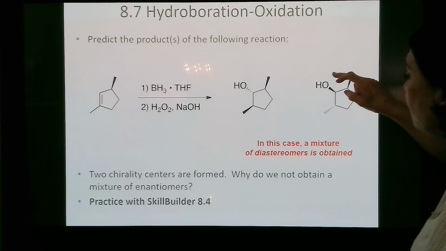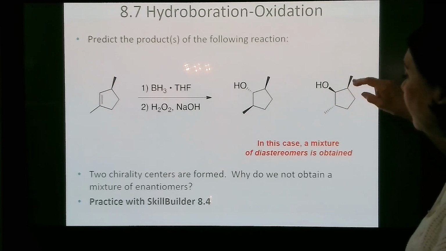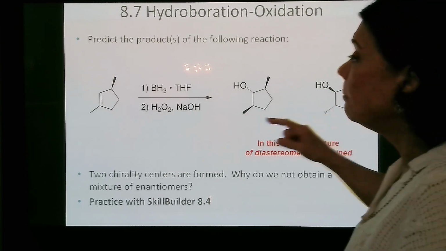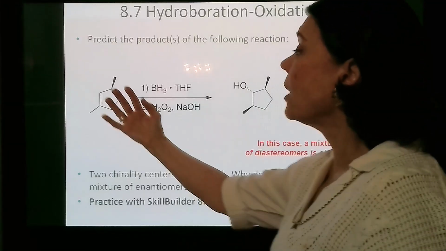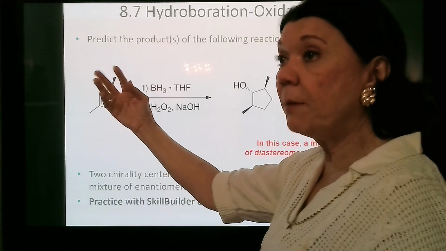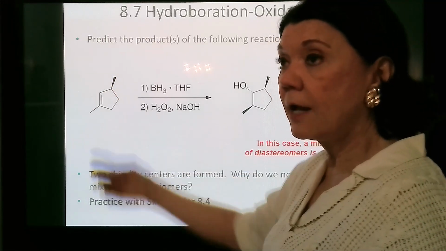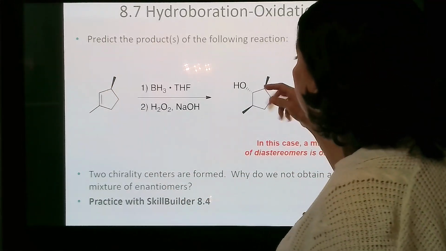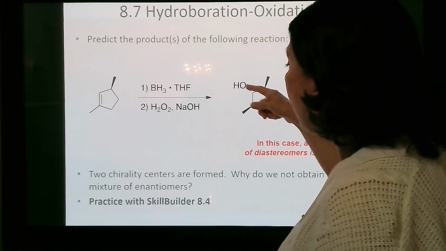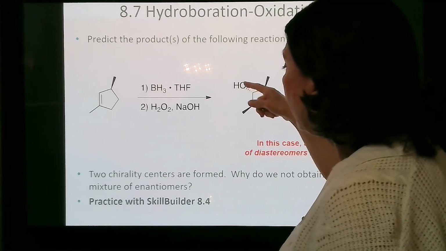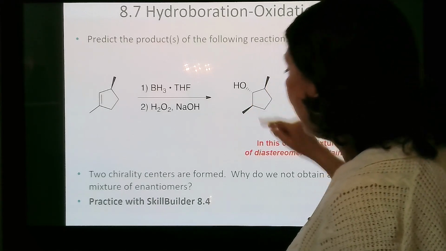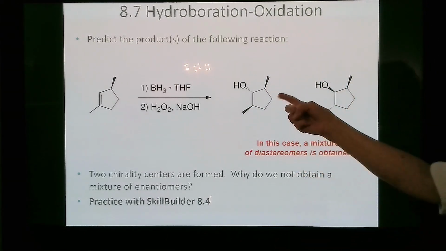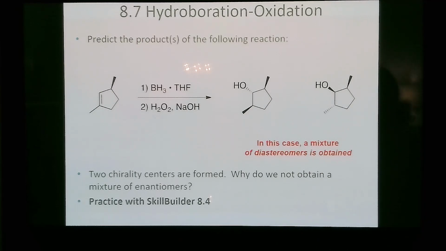So this is going to be your minor product because of this steric hindrance. Because this methyl is sticking out, you're going to have hydroboration occur more from the back side. Not exclusively, but the hydroboration occurring from the back side, and then boron will be replaced by oxygen on the back side. And then, of course, the hydrogen is there on the back side. And so this is going to be your major product. So you might want to go over that so that you will understand it.